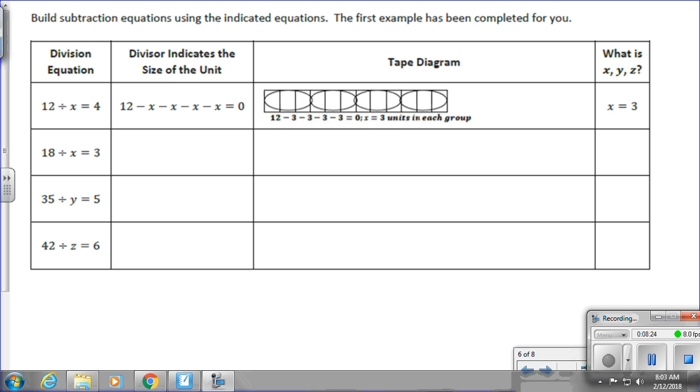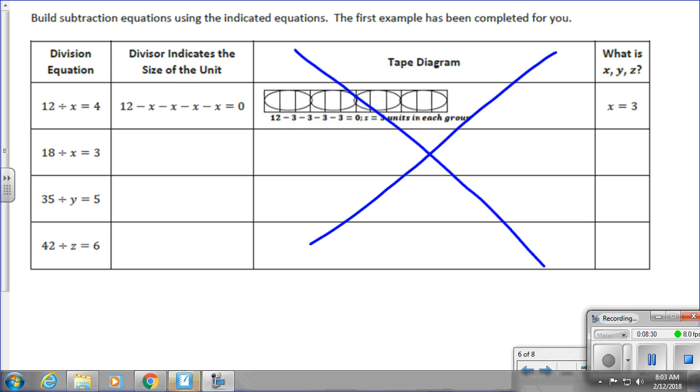Okay, so we are going to just focus on the top box. I don't even need a tape diagram, so you can go ahead and cross this off. Okay, so I'm going to count how many x's there are here.